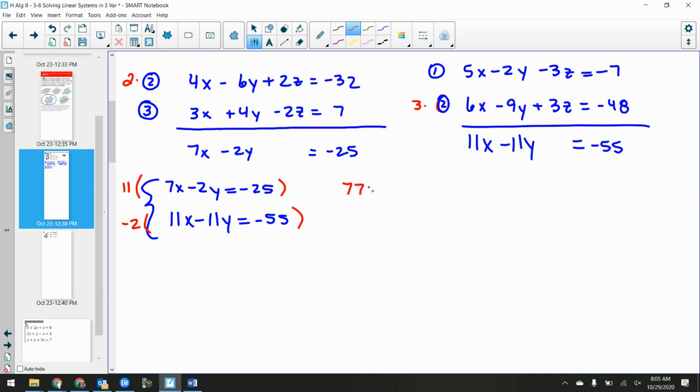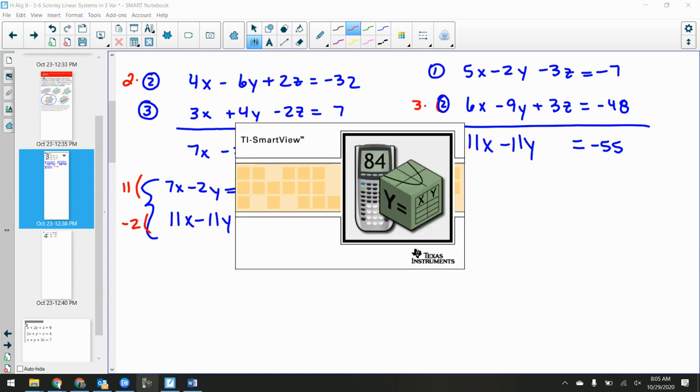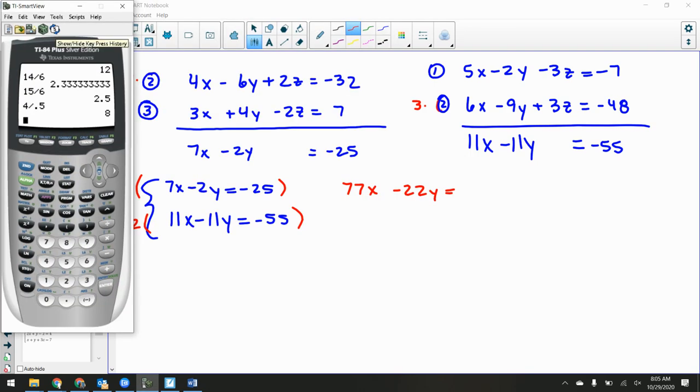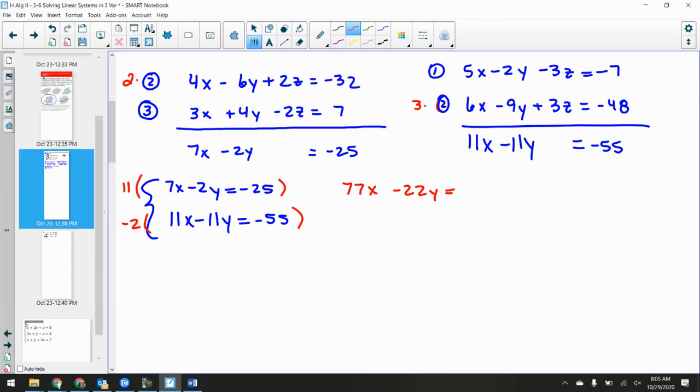That gives me 77x minus 22y. And then I'll get my calculator out now. 11 times 25. 250 plus, or 275? Yeah, 275. So negative 275. All right. Now I multiply the negative 2 with my bottom equation.